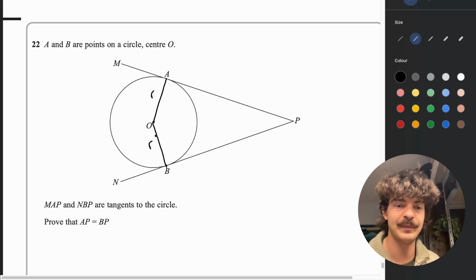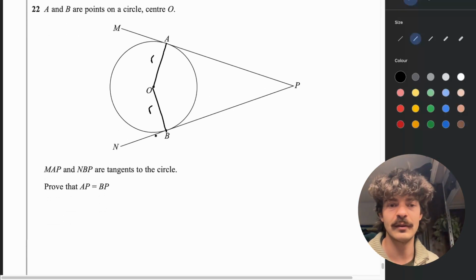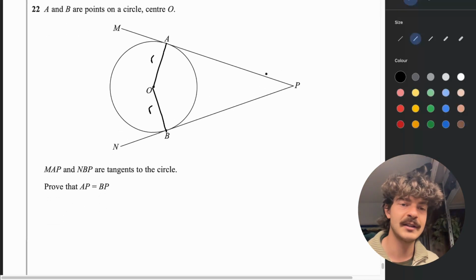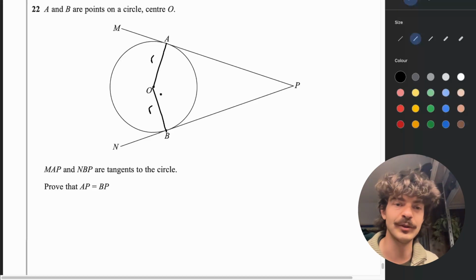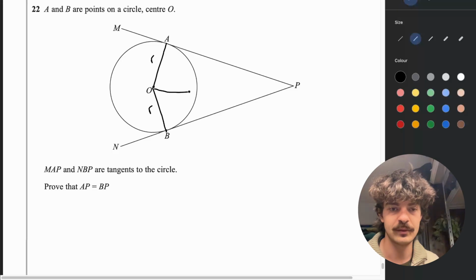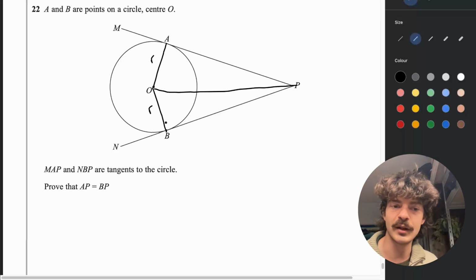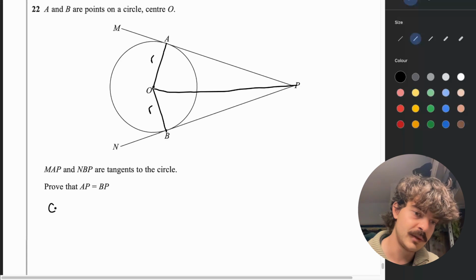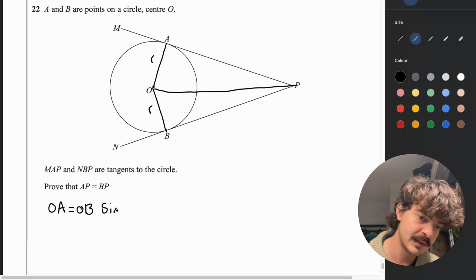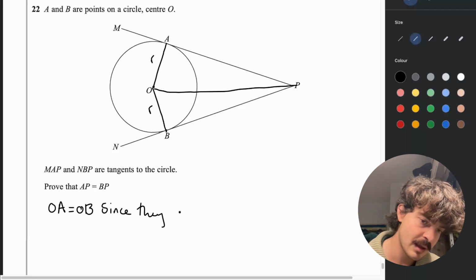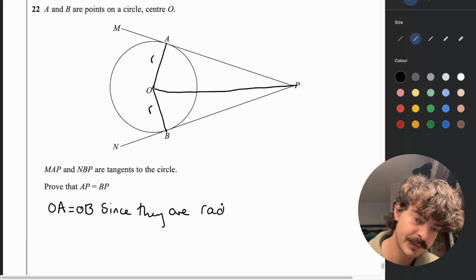Let's call it R. And we can split this quadrilateral OAPB into two triangles. There we go. So these two triangles, OAP and POB, share a length. O to A is equal to O to B, since they are radii.